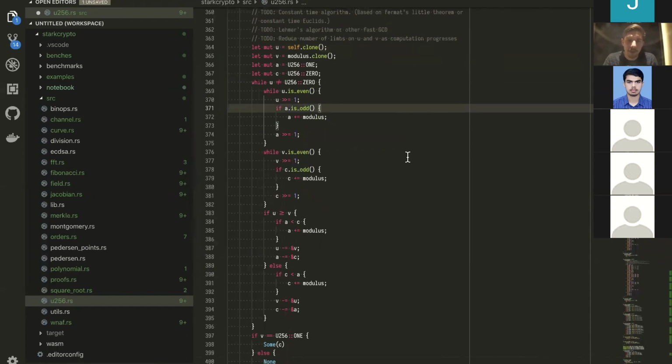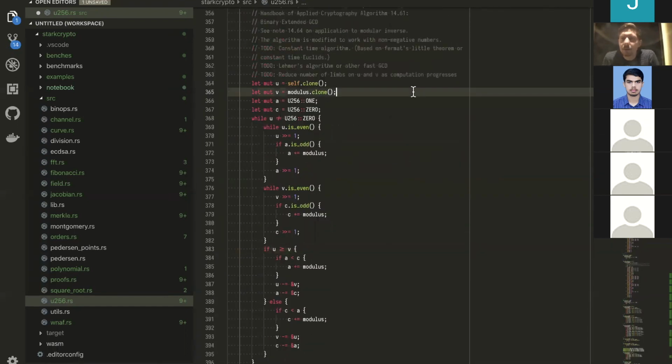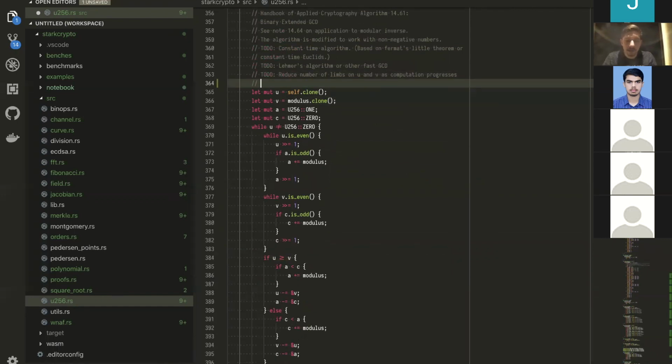It's the fastest way to do it, but you'll find that in many libraries they actually use Fermat's little theorem, which goes like this: any number n to the power of the modulus minus 1 equals 1, or equivalently, n to the power of the modulus equals n, or if we do modulus minus 2, we get n to the minus 1, i.e. the inverse.